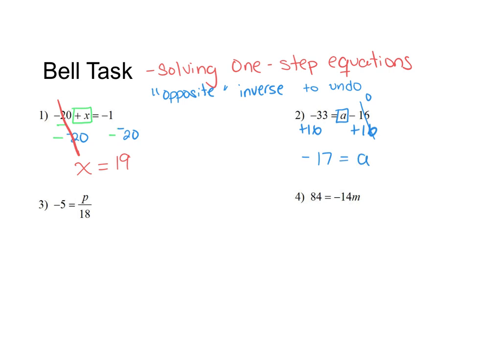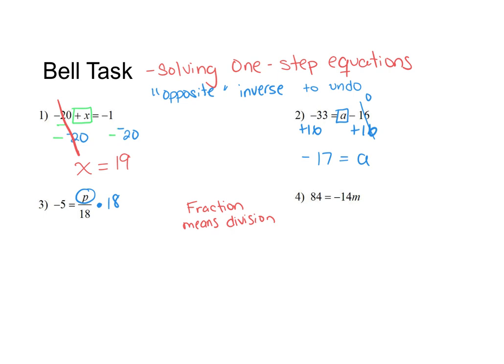On problem 3, recall that a fraction means division. So if a fraction means division, that means I am taking the letter P and I am dividing by 18, so the opposite would mean to multiply. By doing this, we're going to cancel out 18 and 18.